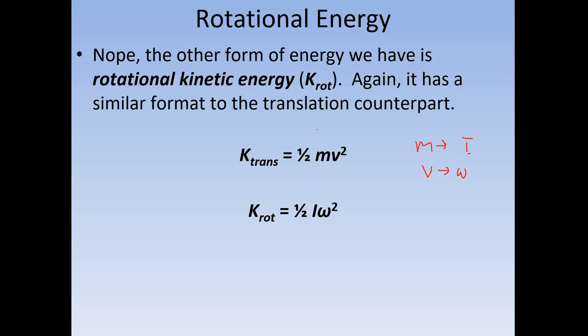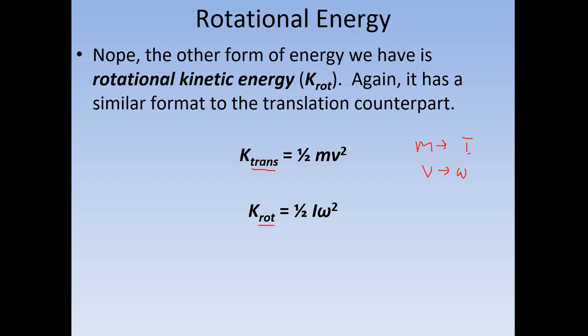Now, it is extremely important that you put these subscripts underneath there because we're now going to have to deal with multiple kinetic energies. We didn't have to worry about this before because when we were only talking about the linear cases, there was only one type of kinetic energy. Maybe there was an initial or final, or maybe we had kinetic energy coming from multiple objects, but it was all the same type of kinetic energy.